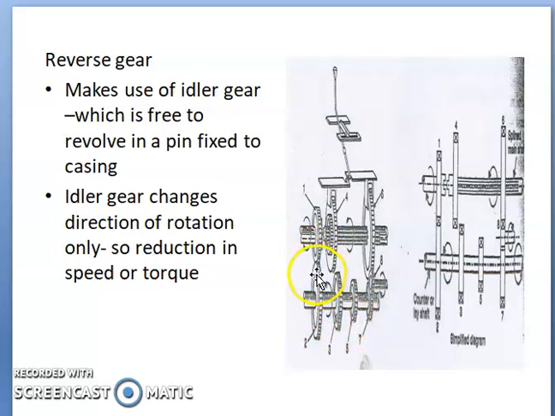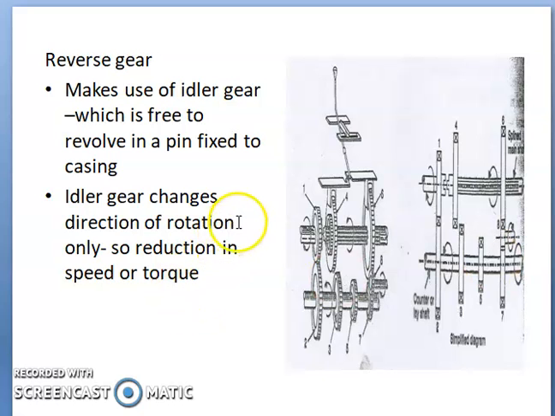So it comes from the clutch gear to the counter shaft. The smallest gear in the counter shaft engages with the idler gear. The idler gear engages with the largest gear in the main shaft, and from the main shaft the drive goes to the transmission line.